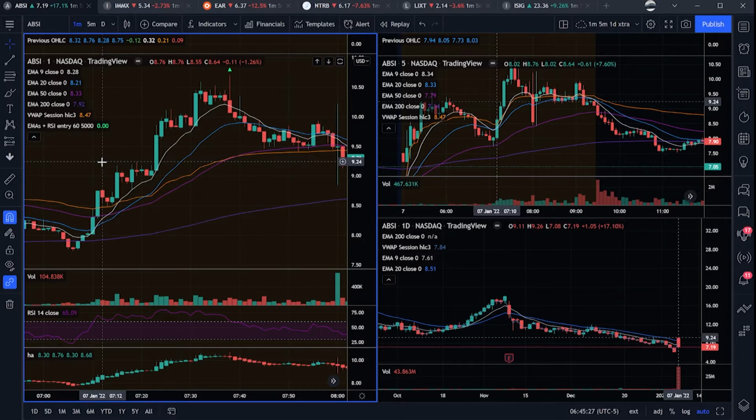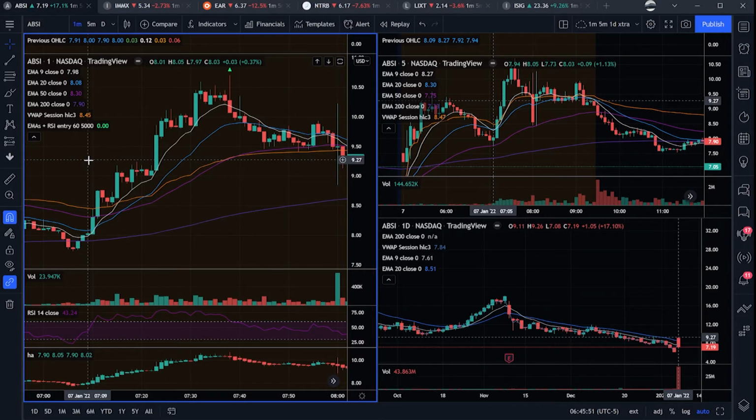That's never the case with any combination of setups, indicators, stocks, whatever. There's no guarantee in the market of making money. To be honest, there is almost a guarantee that you will lose money based on the statistics, so keep that in mind. These are three relatively low risk setups.